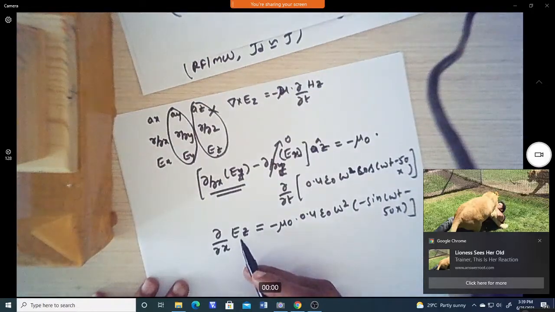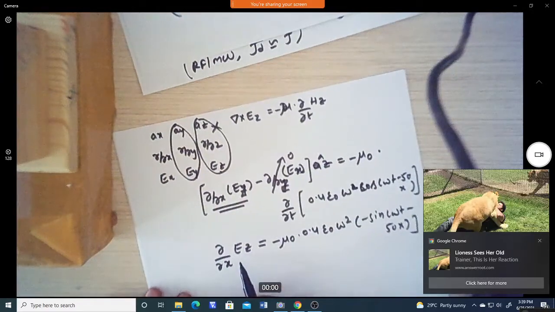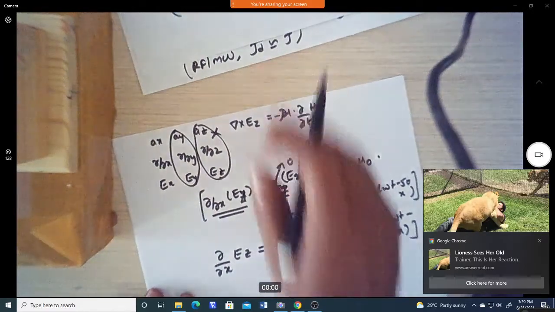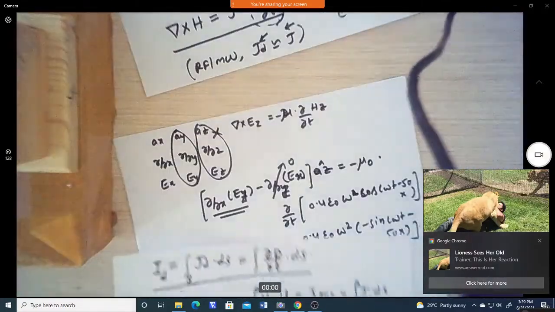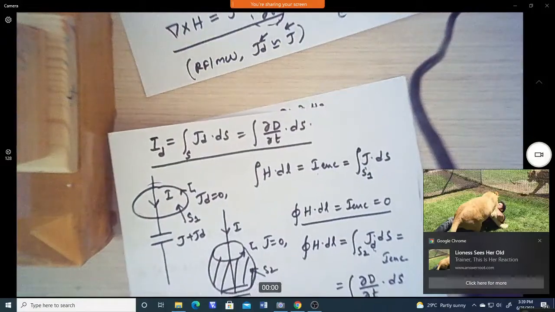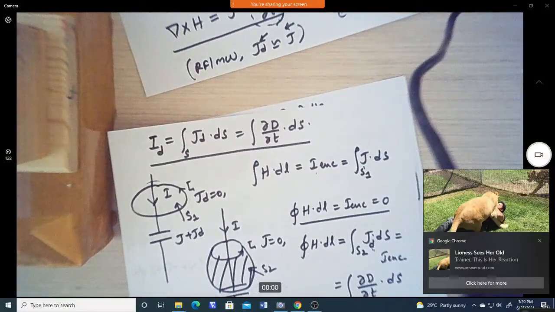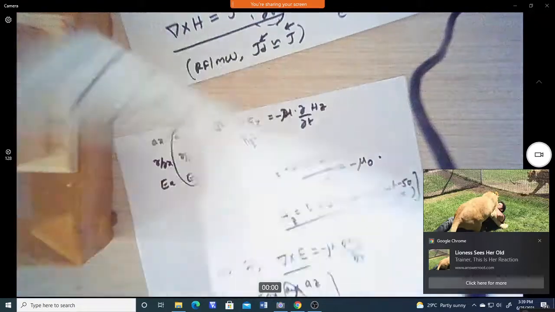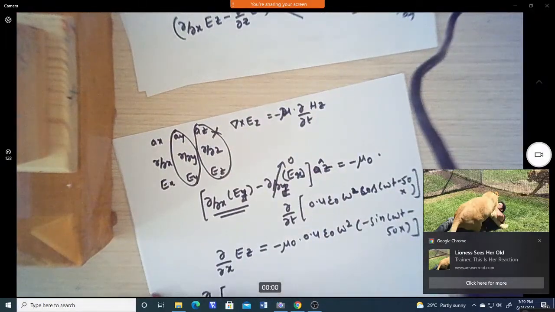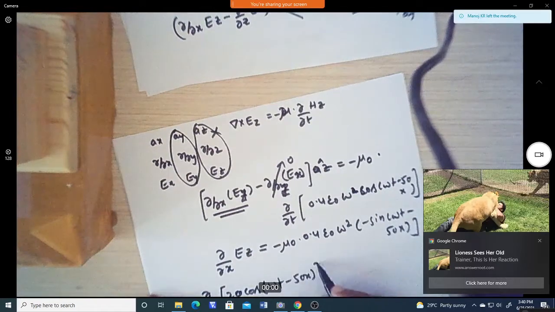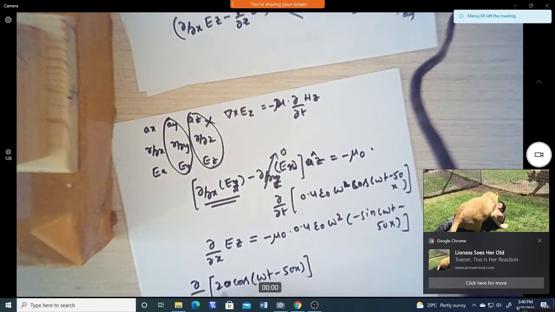Now for the ez component, we'll just differentiate the ez component we have earlier, that is in the problem. So ez with respect to x, that is del by del x of E, which is given, 20 cos of omega t minus 50x. This is given, so with respect to x we have to differentiate.